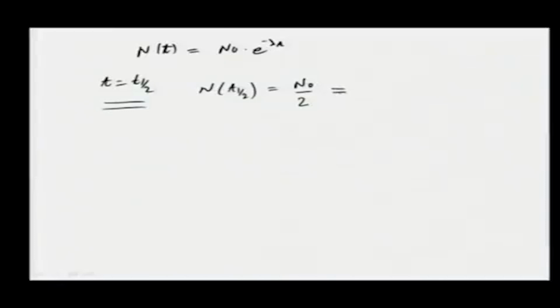According to the exponential law, this equals n 0 times exponential minus lambda t half. Dividing by n 0 on both sides, 1 over 2 equals exponential minus lambda t half, or inverting, 2 equals exponential plus lambda t half.